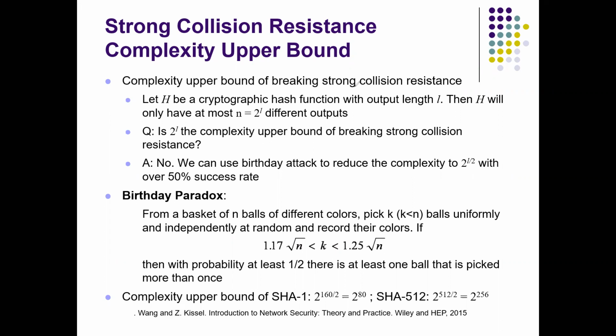By the pigeonhole principle, if you try 2 to the l plus 1 different strings, then there must be at least 2 strings, x and y, that are not the same but have the same hash value.